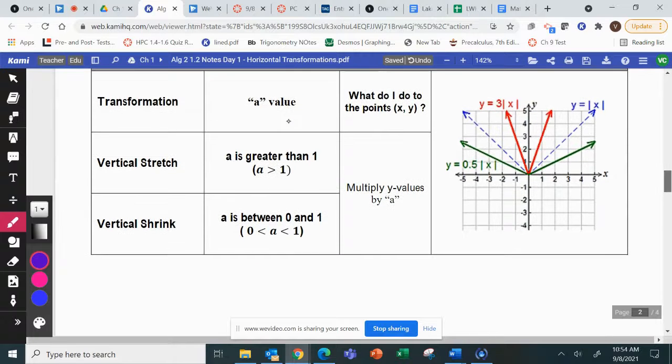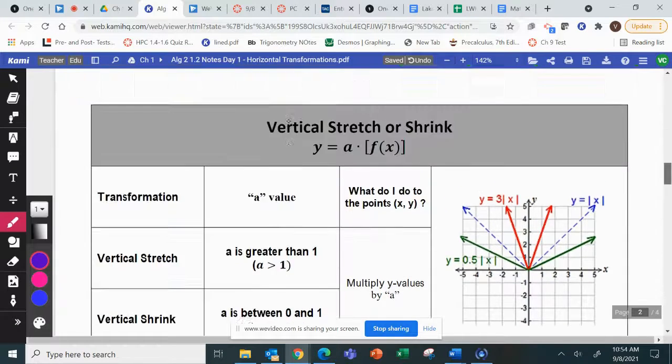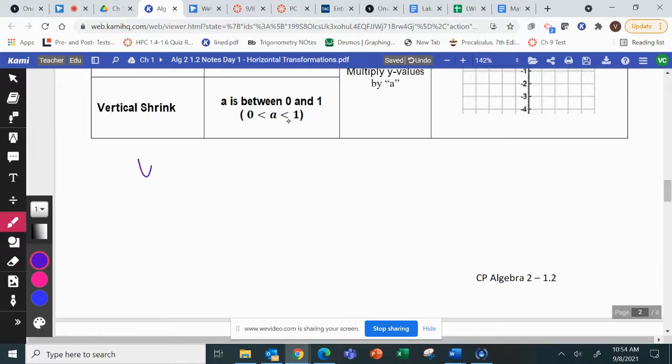So when we do anything vertical, it's common sense. If I have something like y equals 5 absolute value of x, this is going to be a vertical either stretch or shrink. If I multiply by 5, does that make something bigger or smaller? Bigger.